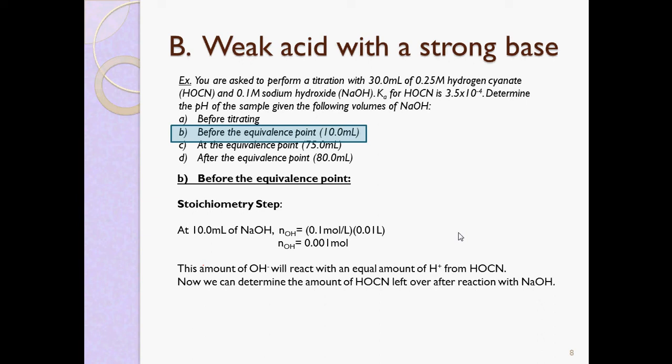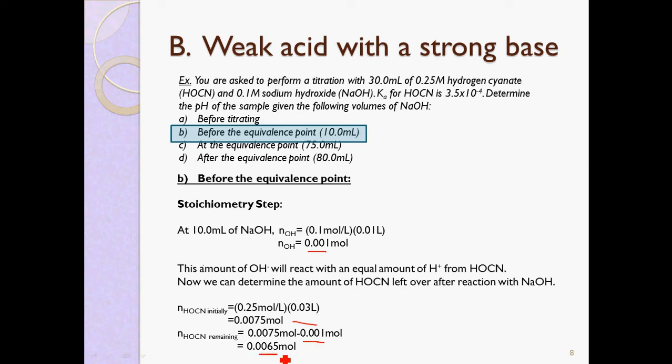All our reactions are going to be a nice 1-to-1 ratio. And so if we have 0.001 moles of base, we're going to lose 0.001 moles of acid. So we start off with that 0.0075. We're going to lose 0.001 because it's going to react with the base. And this is what we have remaining in moles.